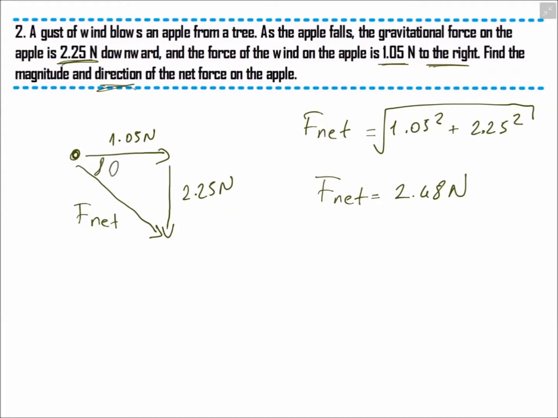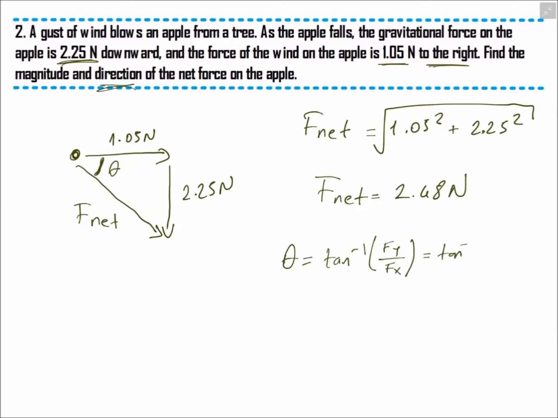And we have to calculate also the direction. So this is the angle. We calculate direction from the inverse tangent formula. Theta equals tangent inverse of Fy over Fx.